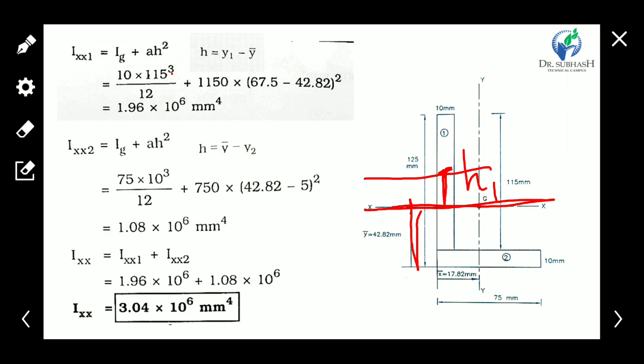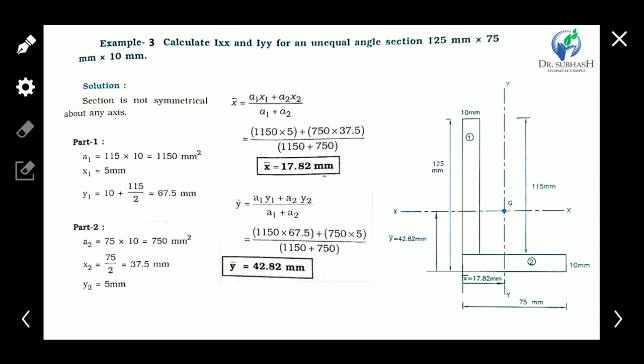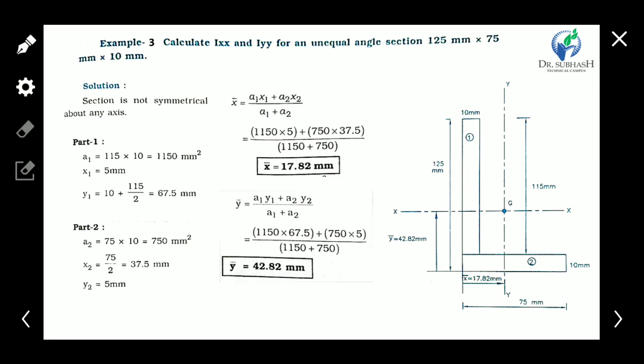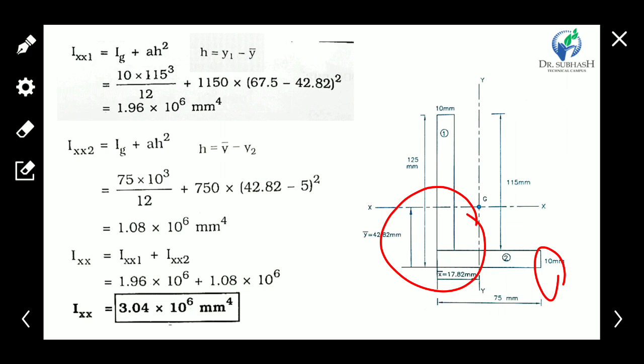Now the first total distance: half of 115 is 57.5, plus 10 means 67.5.